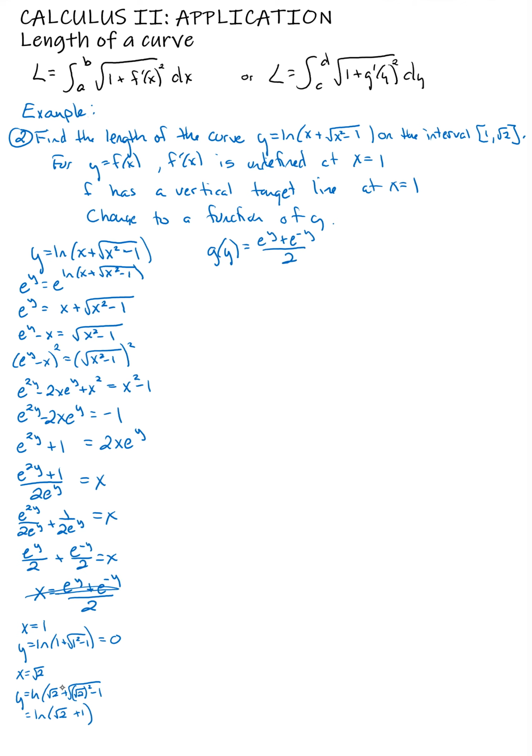There's our g function. Instead of writing it as x equals, I'll write it as g of y equals. We also need g prime squared. So let's first take the derivative.